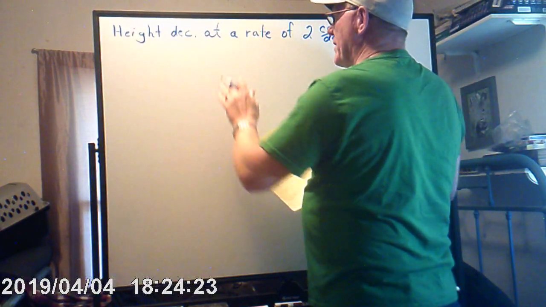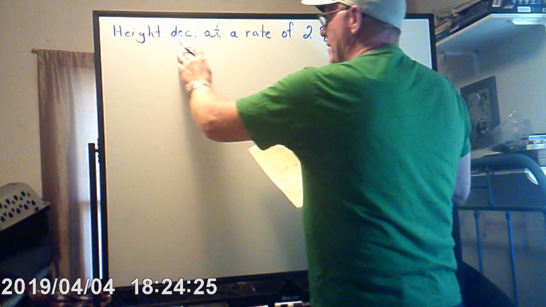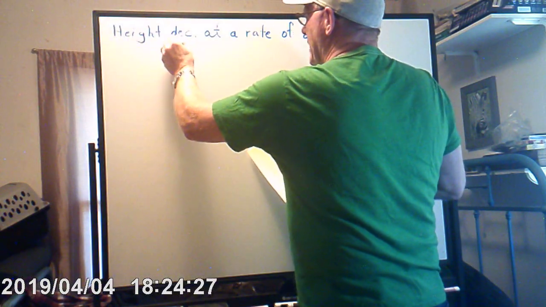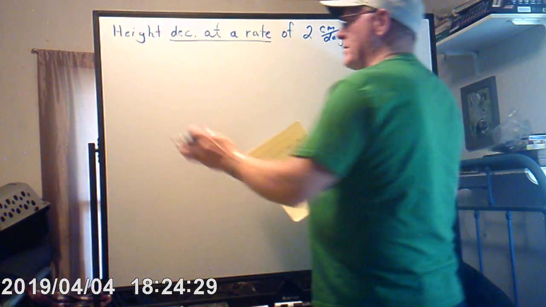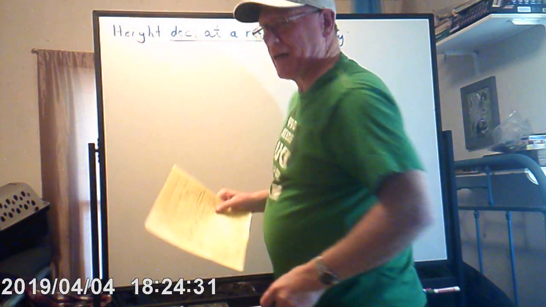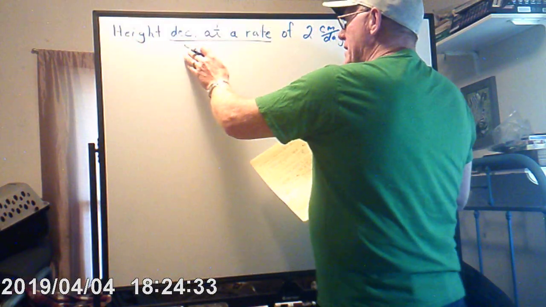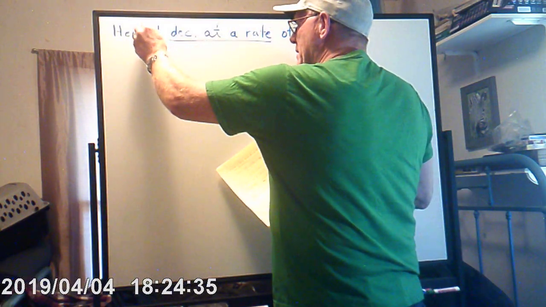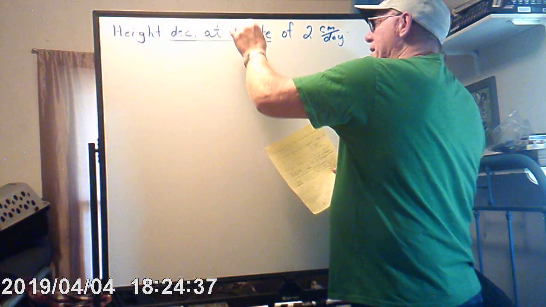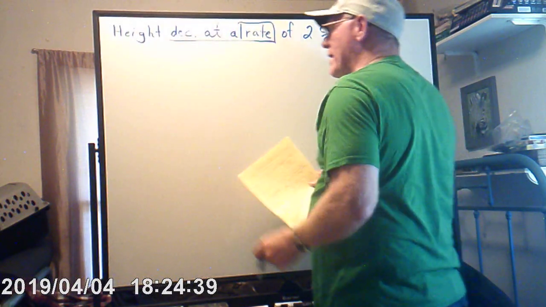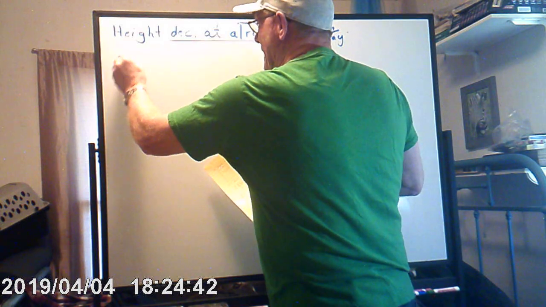Now remember that the height is decreasing at a rate. So this is not looking at height. It's the height that is decreasing at a rate. So keep in mind that's rate. So that would be dH.